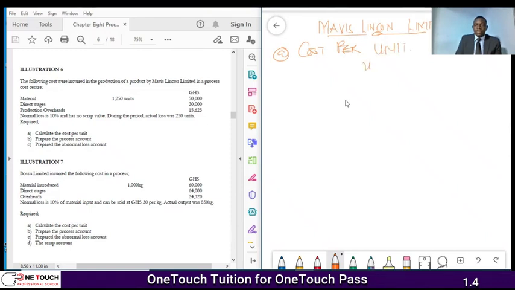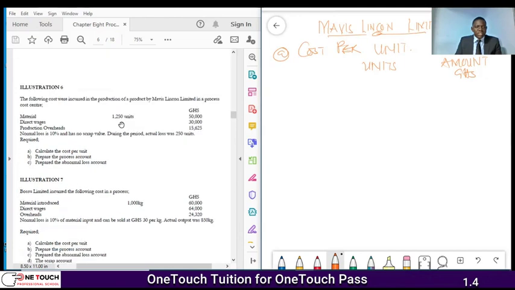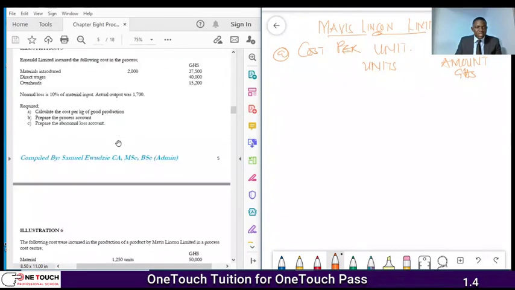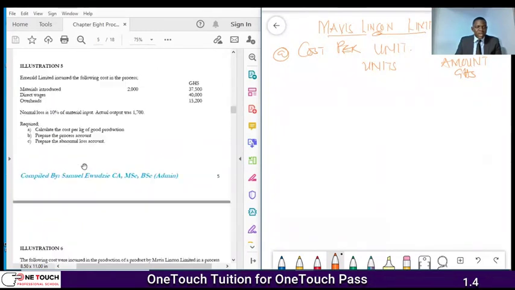So we have our units and the amount. Here too, you can see that the normal loss cannot be scrapped. So it's the same as the first one, the same as illustration 5, where the loss cannot be scrapped.